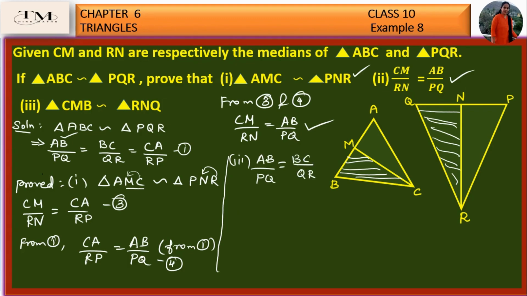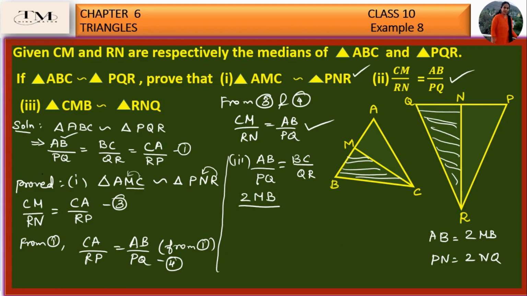Already we have proved from the medians that AB is equal to 2 times MB. In the same way, PQ is equal to 2 times NQ, because M and N are the midpoints of AB and PQ. So instead of AB, we can write 2MB.